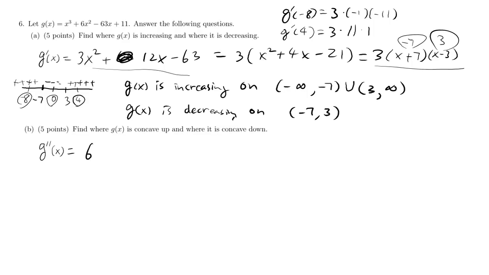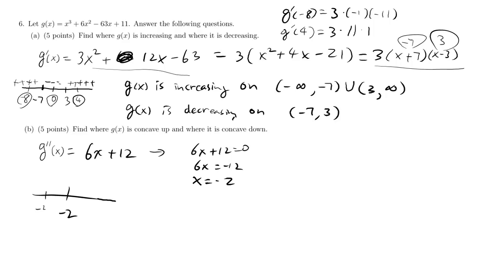The second derivative is 6x plus 12. That's nothing. And when is this equal to 0? This is 0 when 6x plus 12 is equal to 0, and 6x is negative 12, and x is equal to negative 2. So you have this single point where g double prime is equal to 0. And again, you want to pick a test point.